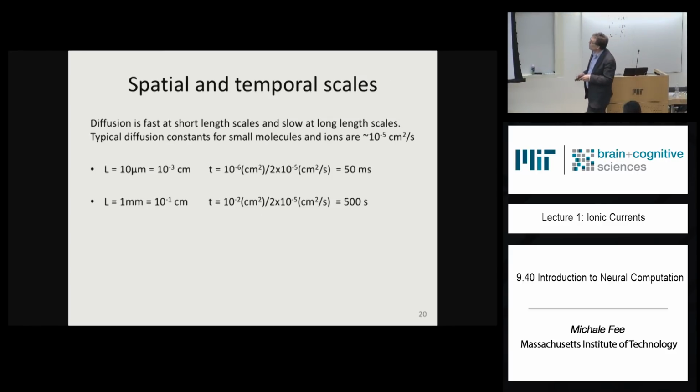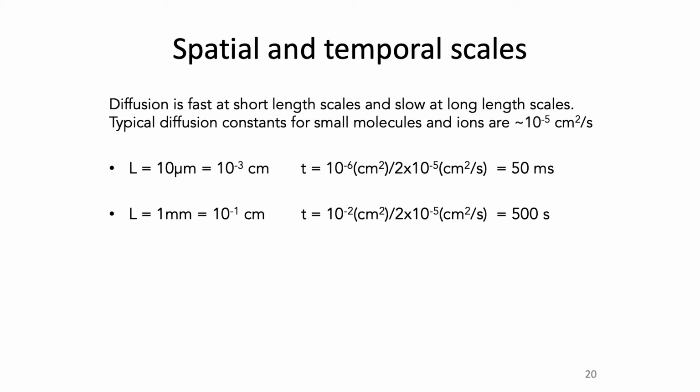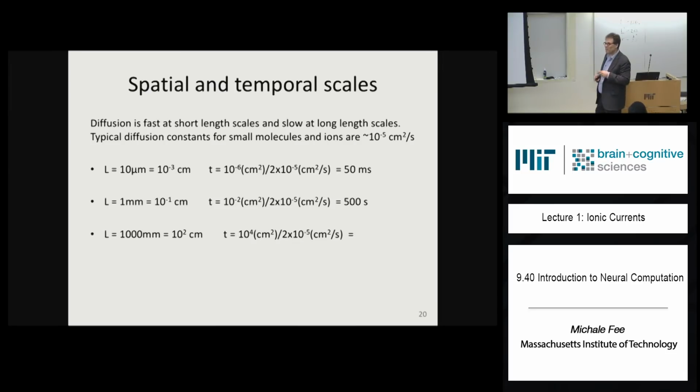Okay, so if you put in 10 to the minus 1 here, you get 10 to the minus 2 divided by 2 times 10 to the minus 5, or 500 seconds, which is about 10 minutes. And now, if you ask how long does it take to go a meter, that's 10 to the 2 centimeters, that's 10 to the 4 divided by 10 to the minus 5. Somebody over here figured it out right away.